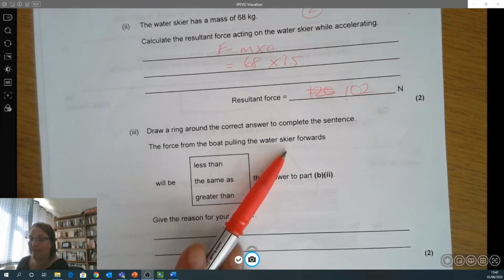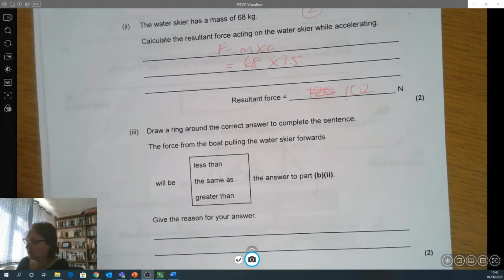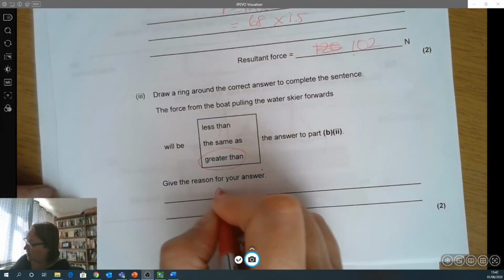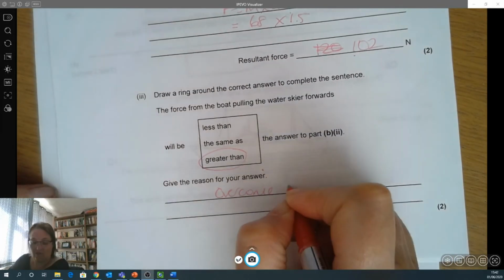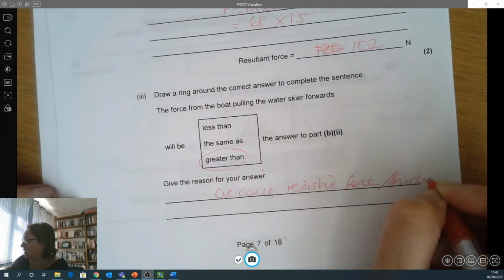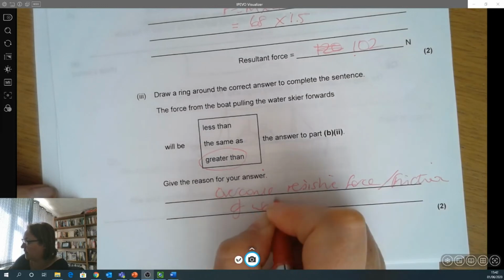They're both forces on the water skier. They're not equal and opposite forces. They're both acting on the water skier, and he's accelerating forward. So therefore, it must be greater so that it can overcome the resistive force or the friction of the water.